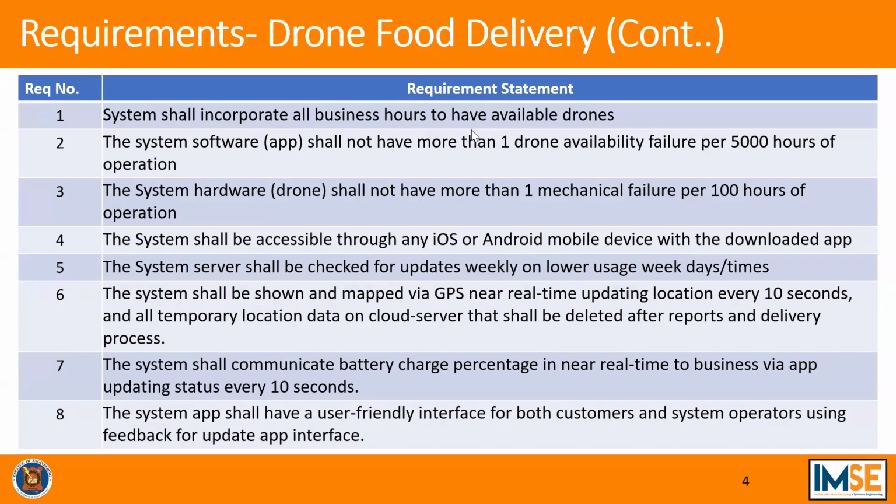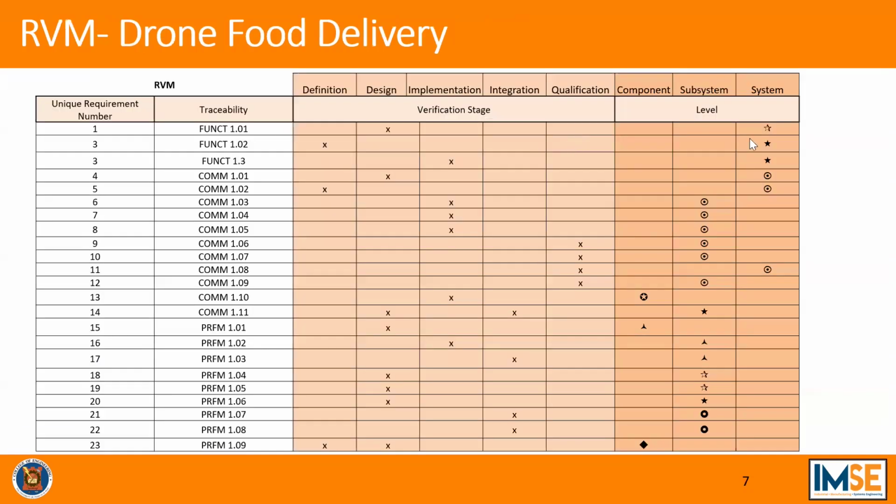It is more about the system's overall functionality that is dependent on many other factors and subsystems. It is possible to check and verify this requirement at each level, like components level, subsystem levels, and systems levels.